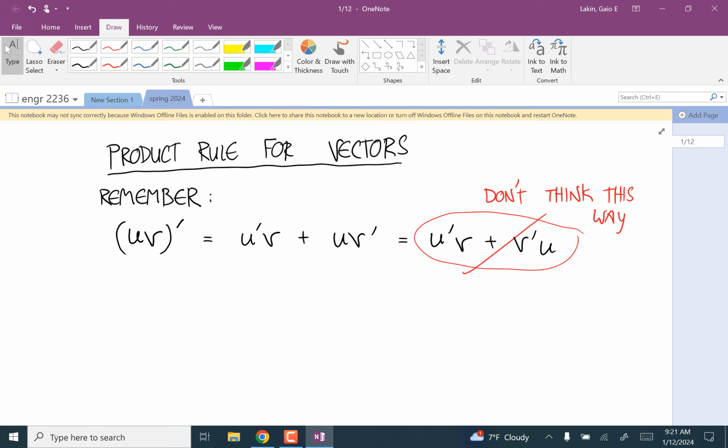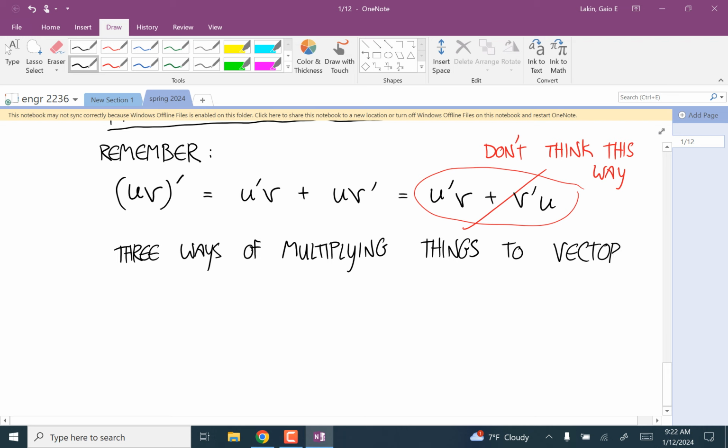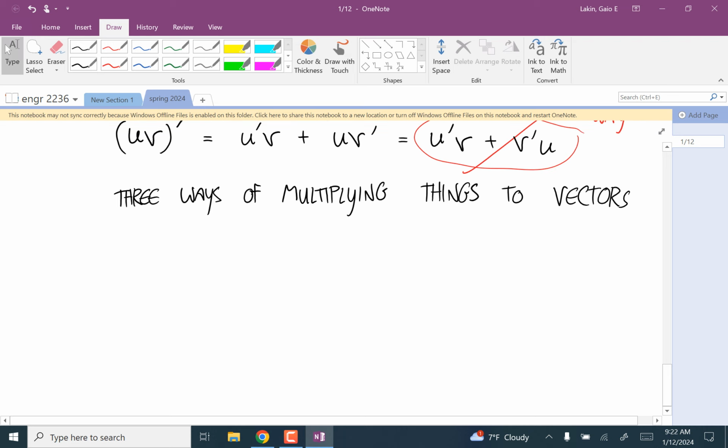All right, so for products with vectors, there are really three ways that you can multiply things to vectors. First, there is multiplying a vector by a scalar.